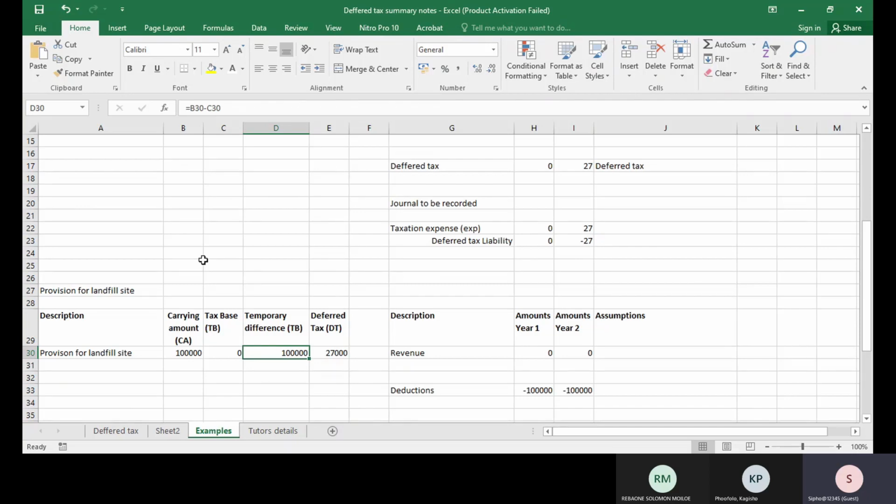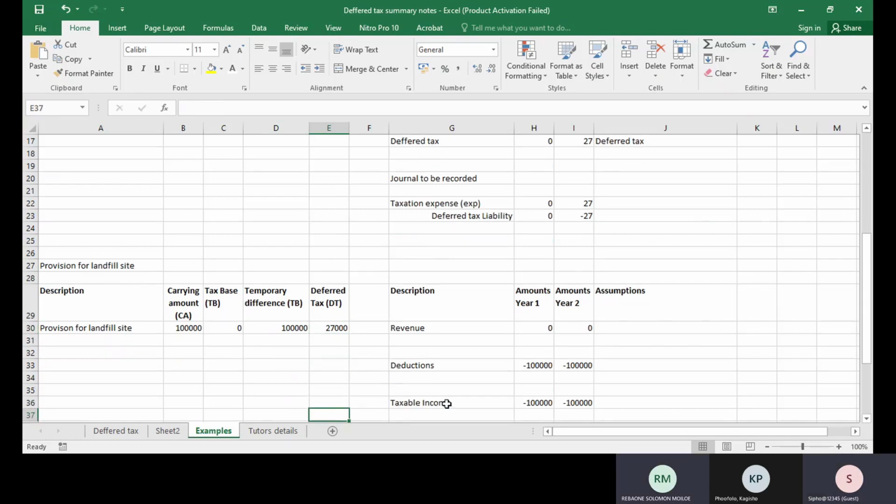SARS is going to give you a deduction on all those expenses, but not when you start providing for it. You must show the users that I have a liability of 100,000, and SARS is going to give me a deduction of 100,000 in a future period, 20 years from now. For that, I'm going to have a tax saving of 27,000.